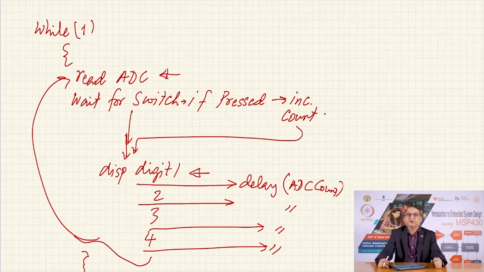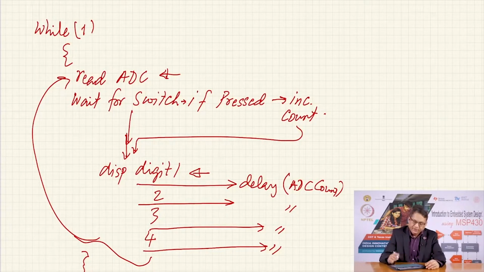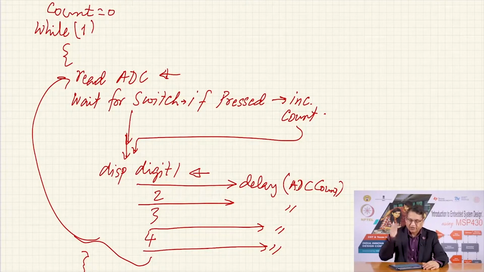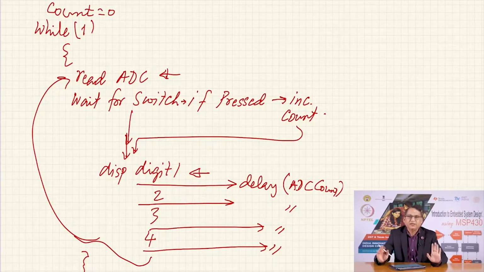So, if the ADC count is 1 millisecond, after you read it, you are going to wait for the switch to be pressed. Suppose the switch is not pressed, fine. Let us say before that, count is equal to 0. So, you are going to display 0 0 0 0, and once you have displayed all the digits, you come back. Now, let us say I do not touch the ADC, so ADC is still 1.